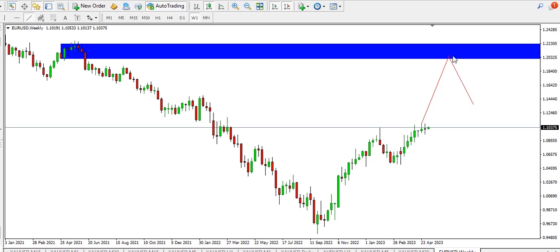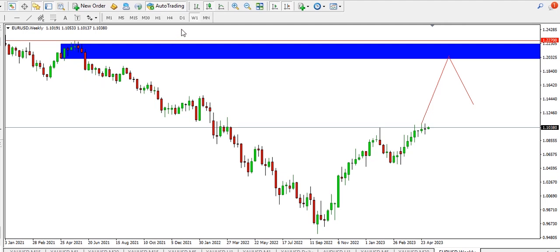At this point, you can enter your trade. You can place a sell limit here. When price touches it, you expect price to go down and you will be in profit, and your stop loss will be above the order block. So that's another way you can place your sell trade.